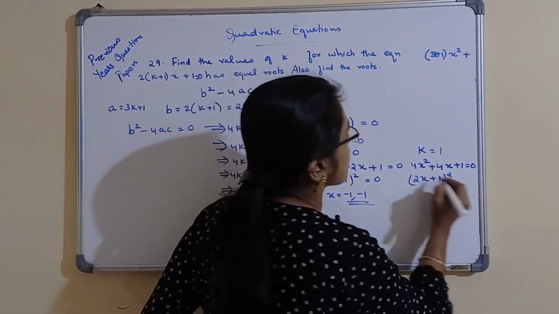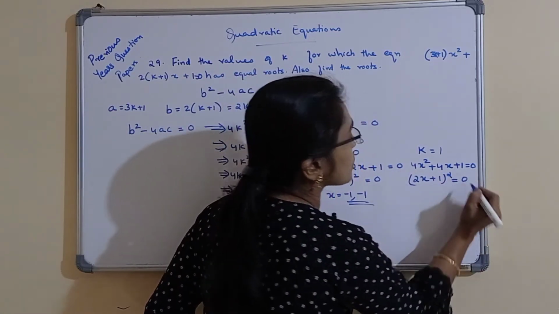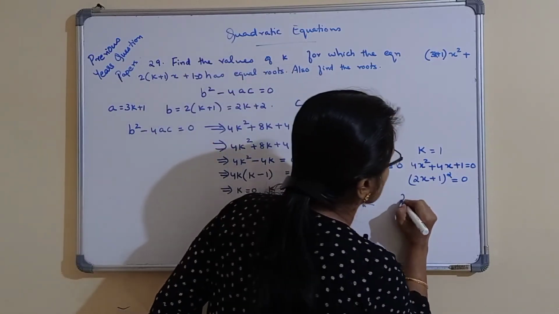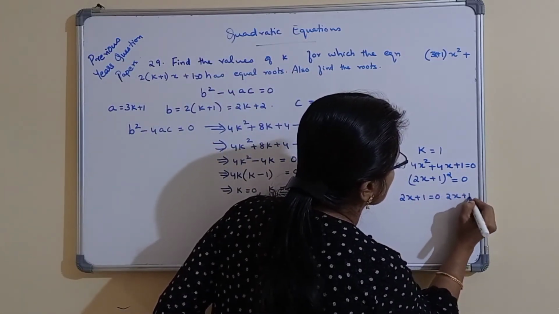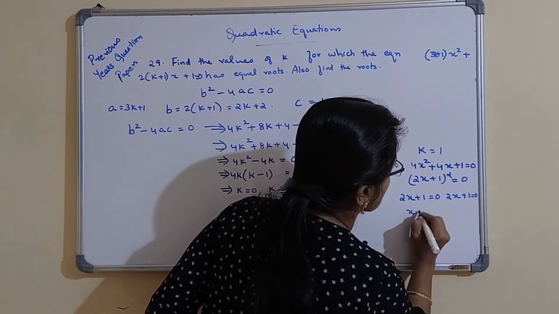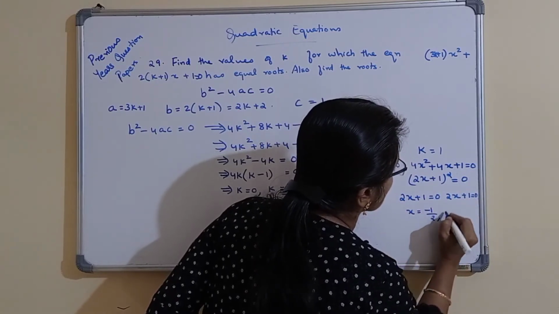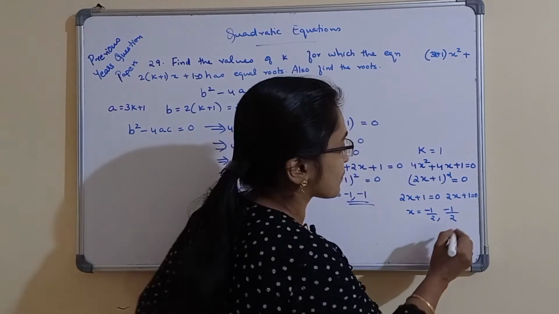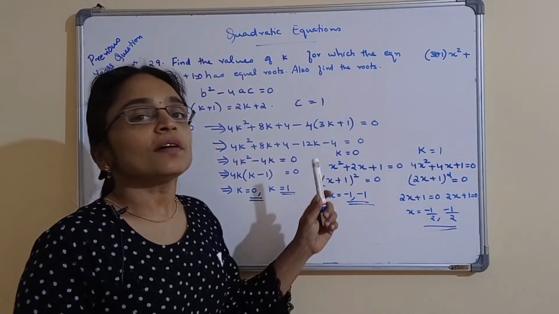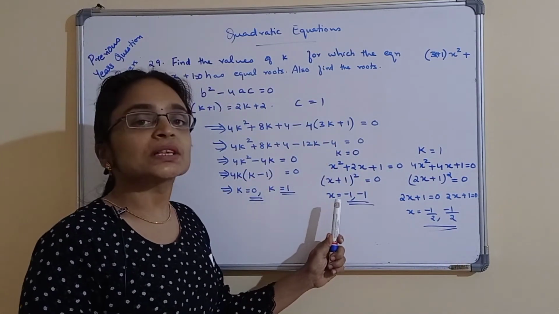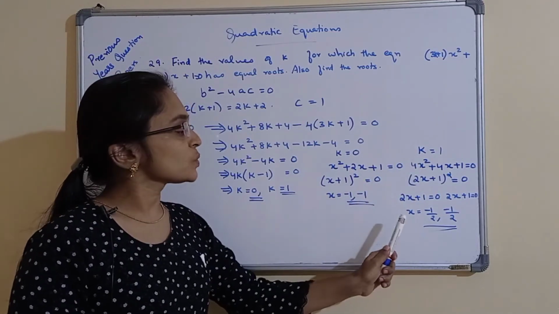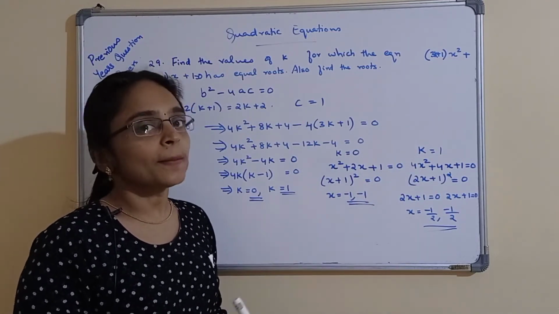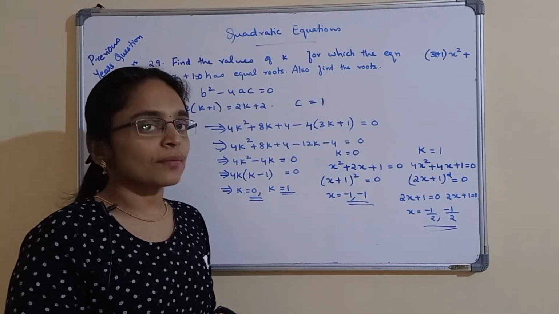So 2x plus 1 the whole square equal to 0, which means 2x plus 1 equal to 0 and x equal to minus 1 by 2, minus 1 by 2. So when k equal to 0, the roots are minus 1 and minus 1, and when k equal to 1, the roots are minus 1 by 2 and minus 1 by 2. Okay.